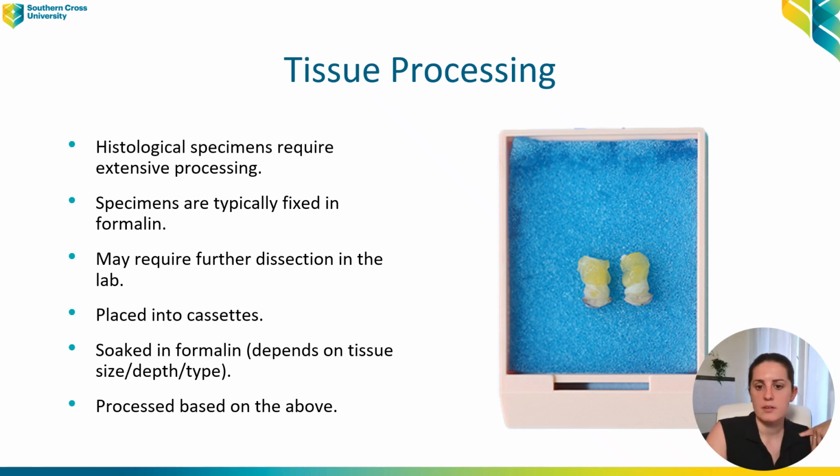So just a few key points with tissue processing. Histological specimens, as you've seen by this process, require extensive processing. Typically, we fix them in formalin, but as I mentioned, there's a number of other fixatives. And then you may require further dissection in the lab after fixing.